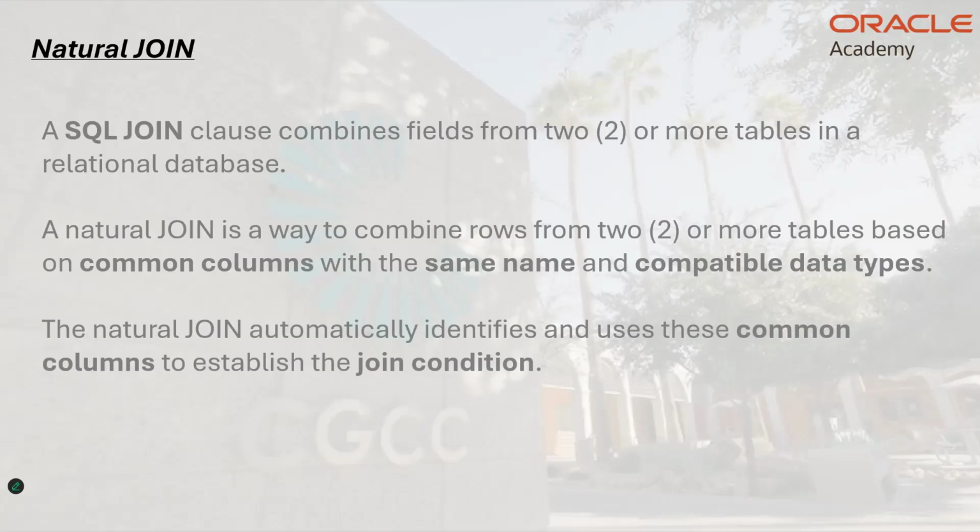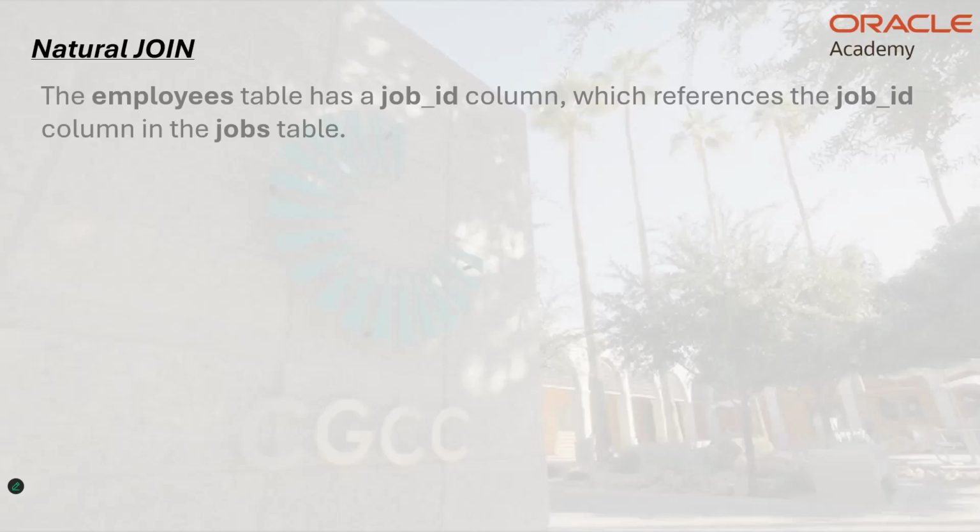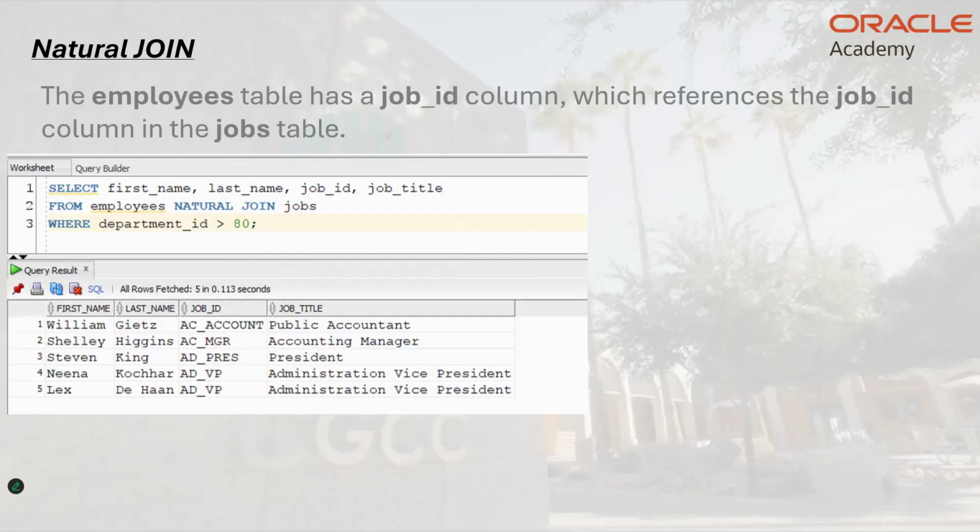So a natural join automatically identifies and uses these common columns to establish the join condition. If you look at the employees table, you can recognize that it has a job ID column, which references the job ID column in the jobs table. They're named the same, just so that you know that one is referencing the other. So you can join on those 2 tables.